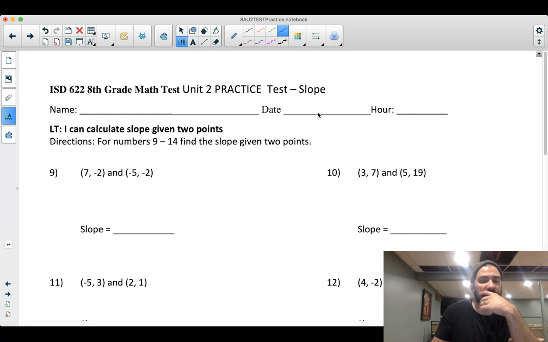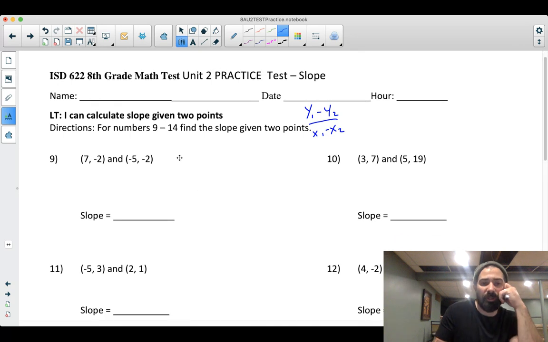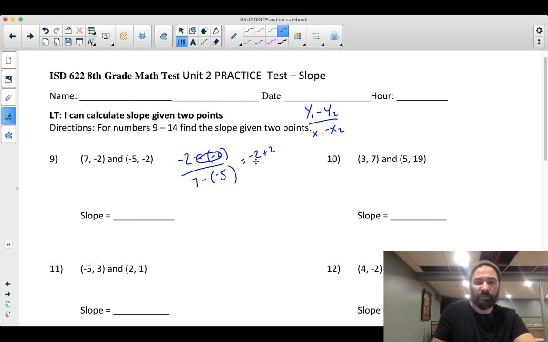The last page, we are using our formula y1 minus y2 over x1 minus x2, and I'll give that to you on the quiz or on the test as well. Okay, y1, -2 minus y2, -2 over 7 minus -5. -2, negative is a positive, so -2 plus 2 over 7, negative, plus 5 equals, -2 plus 2 is 0, 7 plus 5 is 12, 0 over 12, but that just reduces down to 0.